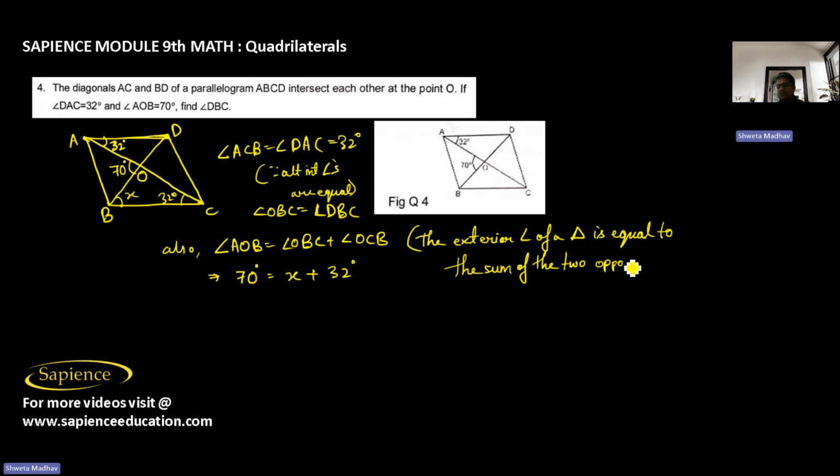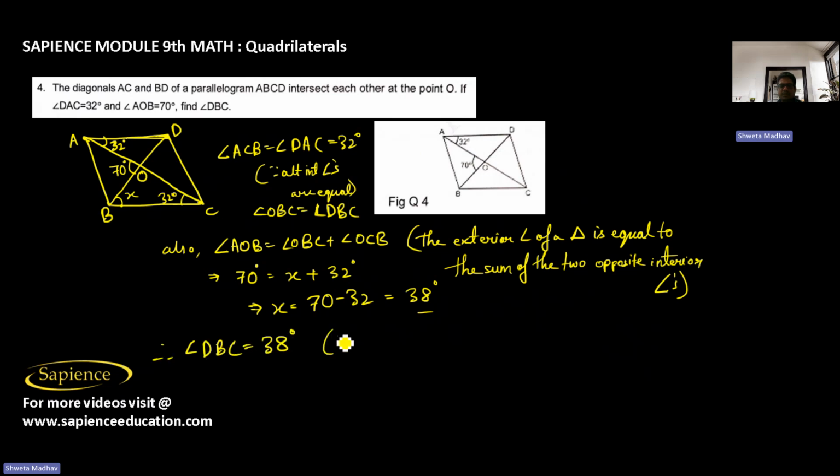Therefore x should be equal to 70 minus 32, which will be equal to 38 degrees. So therefore we can say that angle DBC equals 38 degrees.